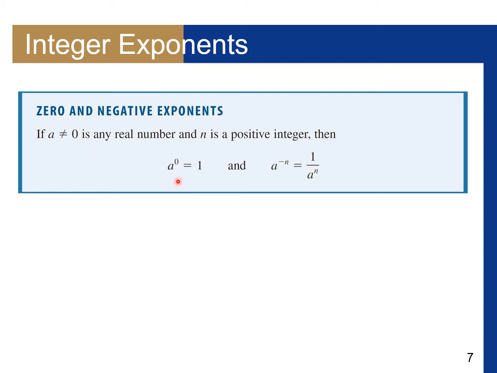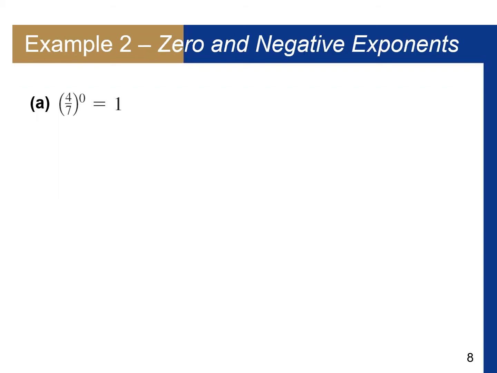And if you have a to the negative n power, a negative integer, that is actually a directional exponent telling you that that value will go on to the bottom, a to the n number of times. So a to the negative n would be 1/a to the n. This is all to the 0 power, so that one is 1.